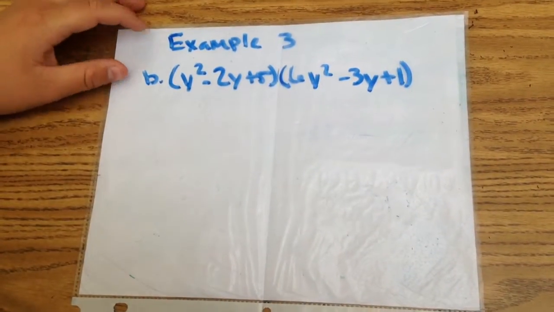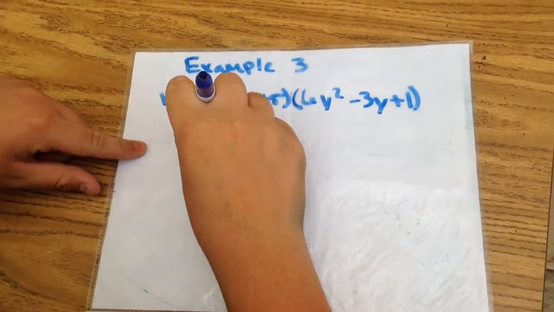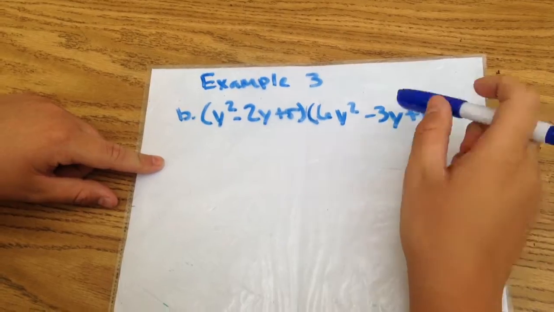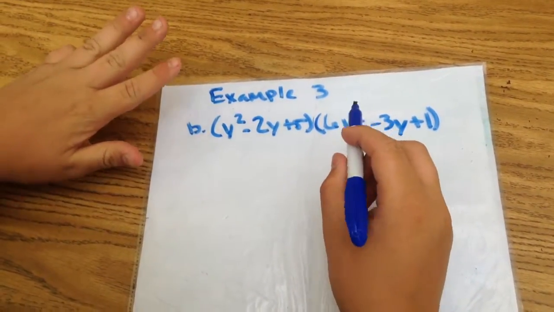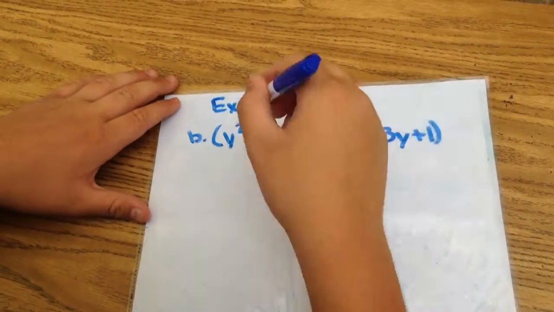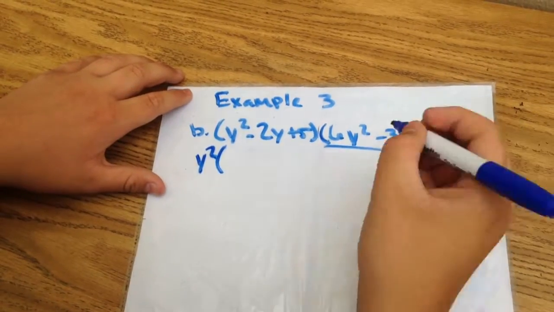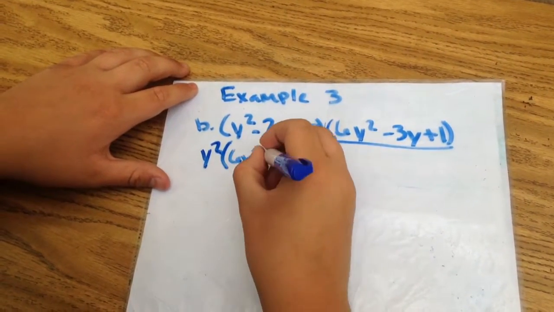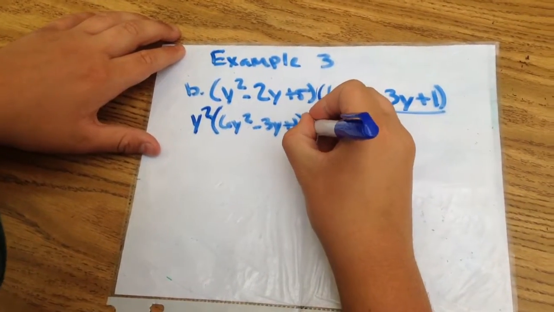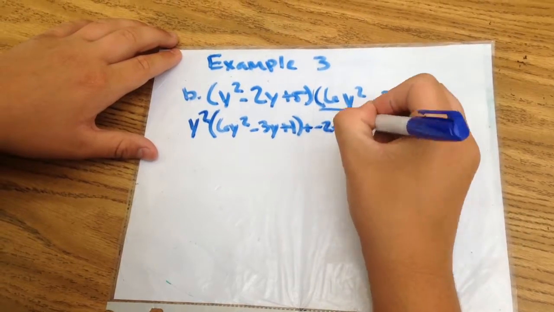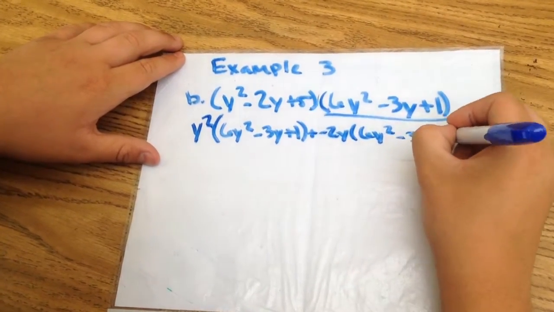Okay, so in the second example, example 3b, we have a trinomial here and a trinomial here. So what we need to do is, again, we're going to split it up into 3 separate parts of this whole expression here. So y squared is going to be one term multiplied by this expression here, 6y squared minus 3y plus 1, plus negative 2y times 6y squared minus 3y plus 1.